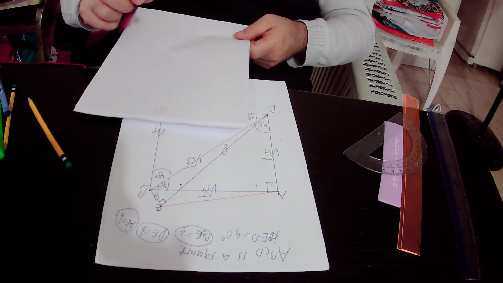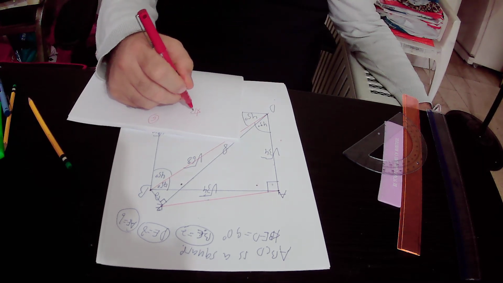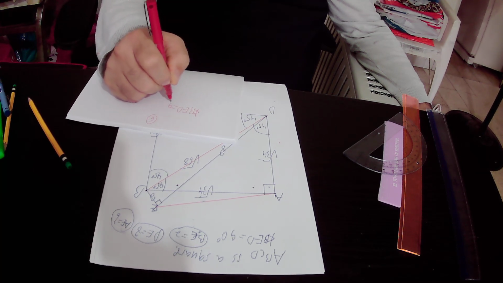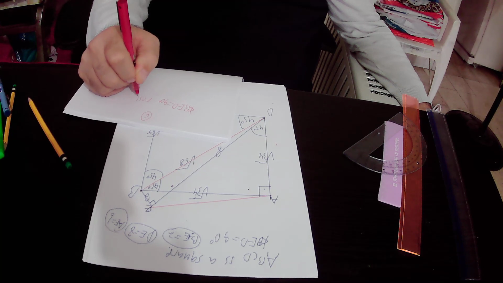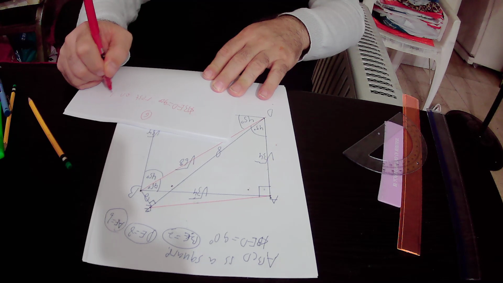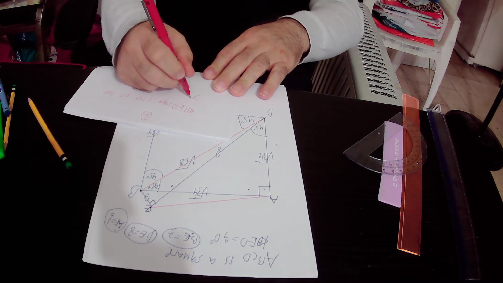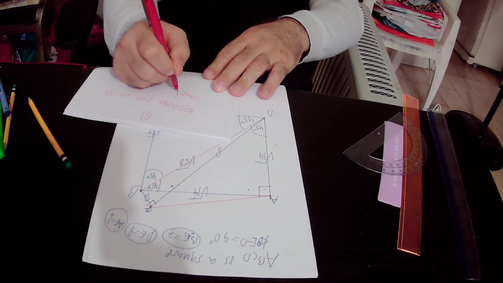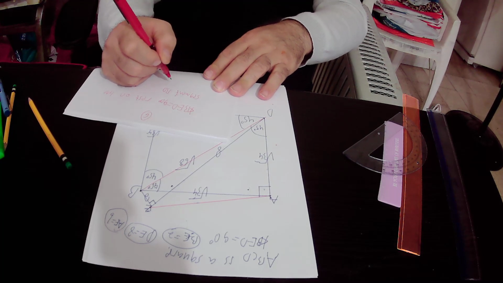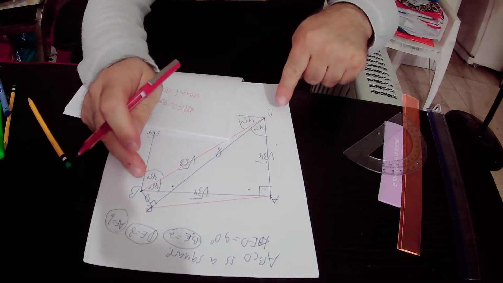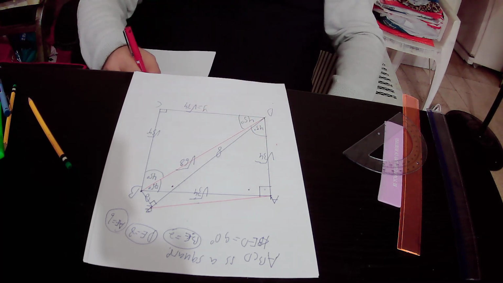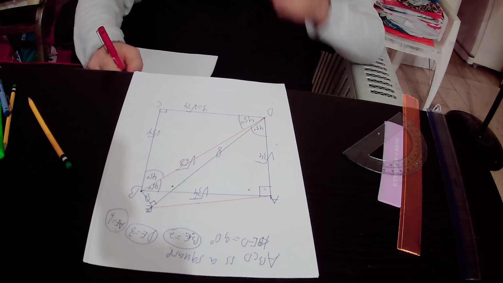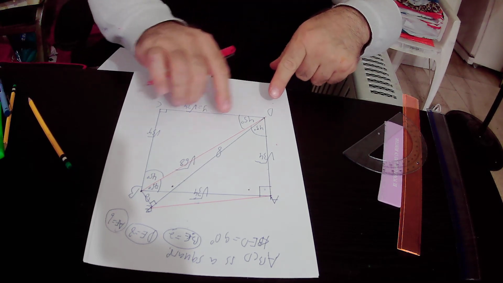Angle BED, which equals 90 degrees, rests on line segment BD, and also we have a second angle DAB that also equals 90 degrees, and rests on the same line segment DB.